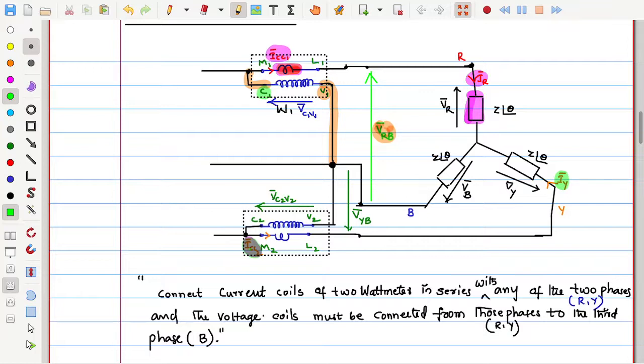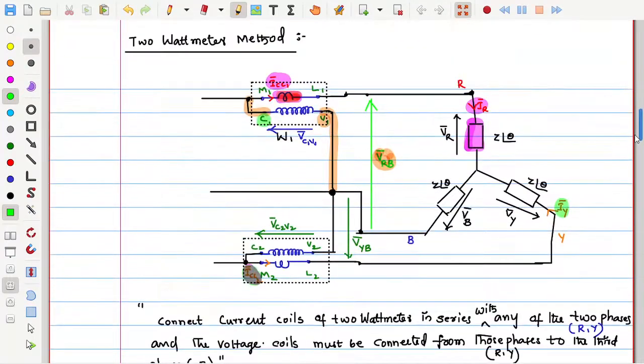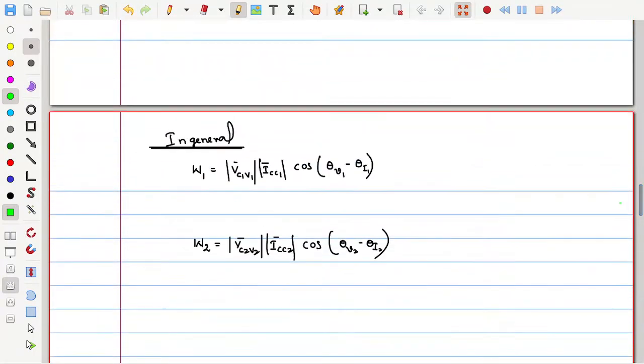Once we identify these two important things, almost the power measurement concept is over. So we saw that V C1 V1 is equal to VRB. Let me write here. V C1 V1 is equal to VRB and ICC1 is equal to IR.